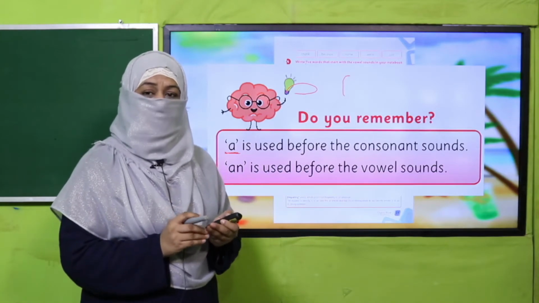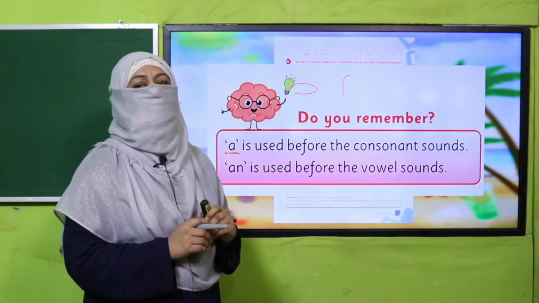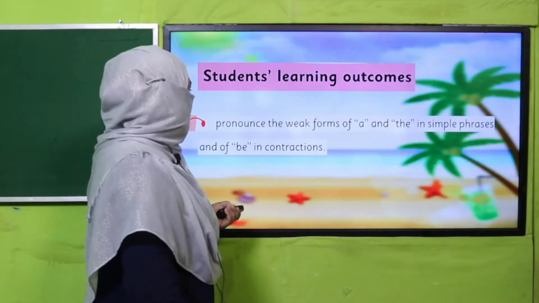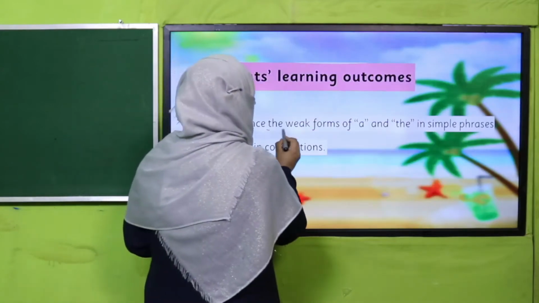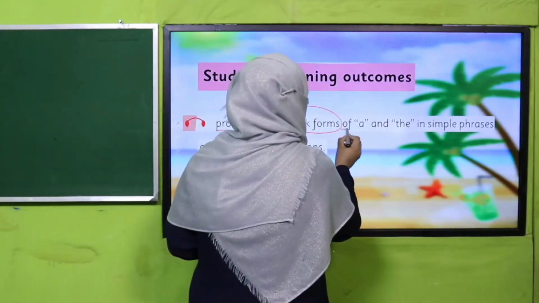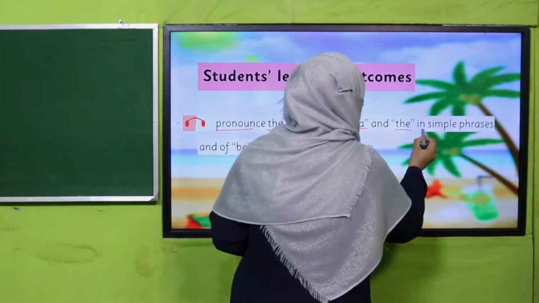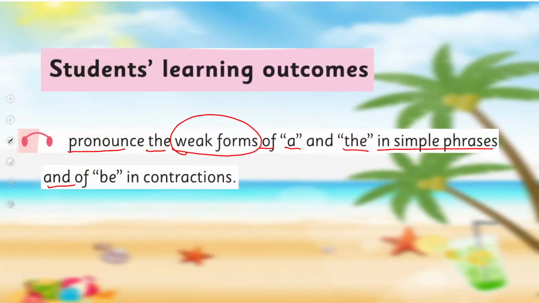How do we find it? How do we say it? This is what we are going to learn today, and we'll cover the SLO to pronounce the weak forms of A, the in simple phrases, and of B in contractions. This is our today's SLO.